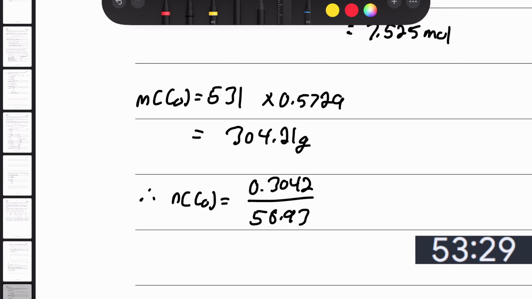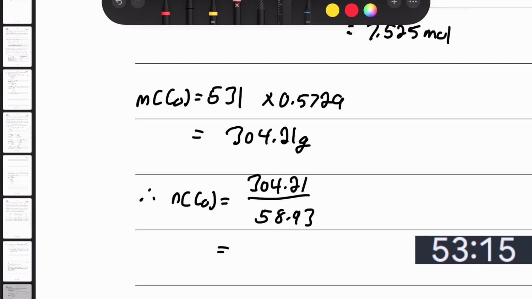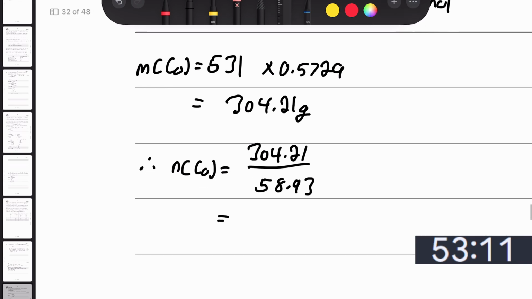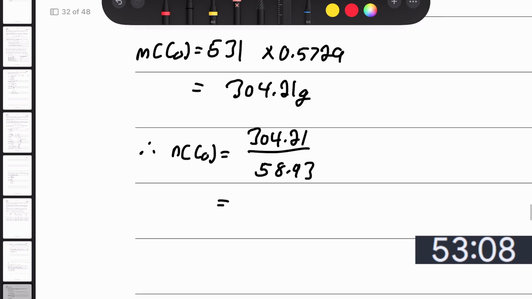Now this will be like what? 6 moles or something. 304.21 all over 58.93. 304.21 divided by 58.93 is 5.1622 moles.